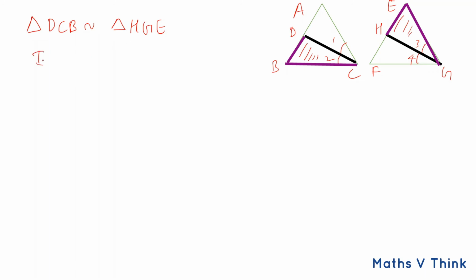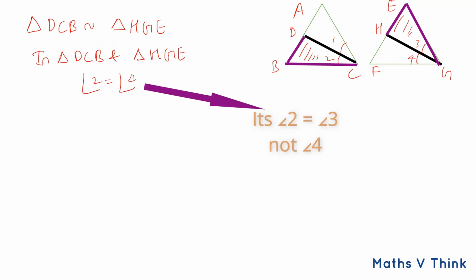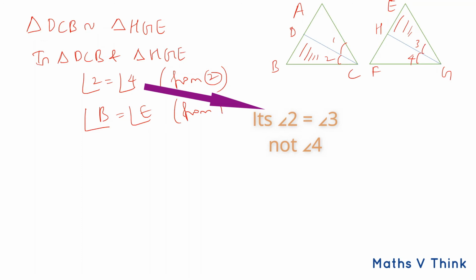So in triangle DCB and triangle HGE, I can tell angle 2 is equal to angle 4. That I already proved from 2. Same way I can tell angle B is equal to angle E. That is from 1.